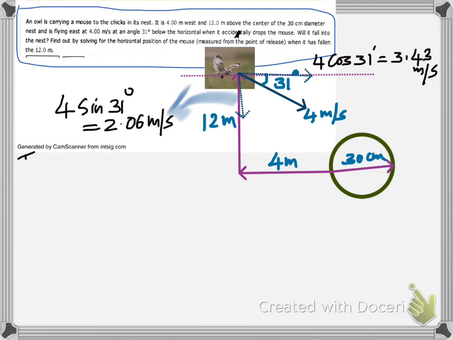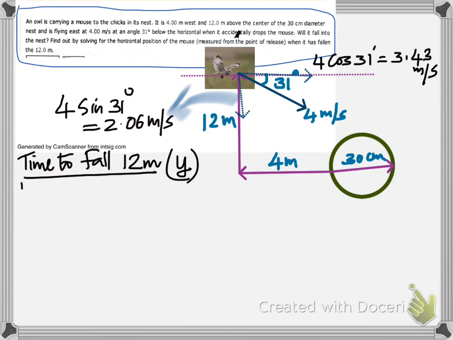All right. The idea is we have to calculate the time that the mouse takes to fall through a height of 12 meters. That's the first thing, the time. So we're only talking about the vertical component now. It's the y direction, so you only take the vertical component of the velocity, which is 2.06 meters per second.